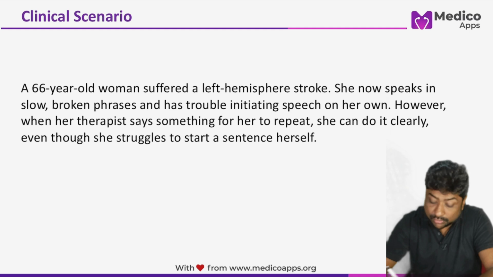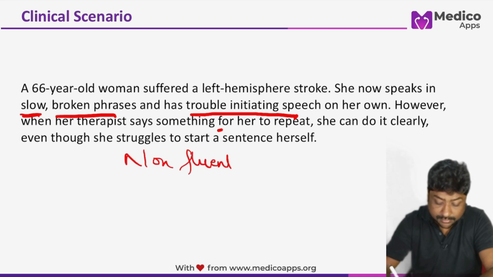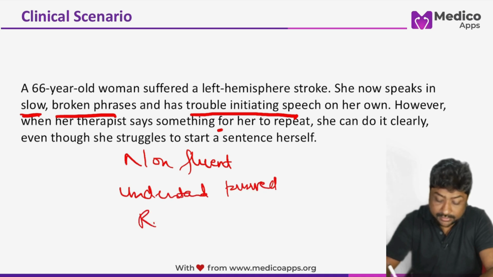A 66-year-old woman suffered a left hemisphere stroke. She now speaks in slow, broken phrases and has trouble initiating speech on her own. However, when her therapist says something for her to repeat, she can do it. So repetition is preserved. So this is non-fluent. Understanding is preserved, and repetition is preserved.